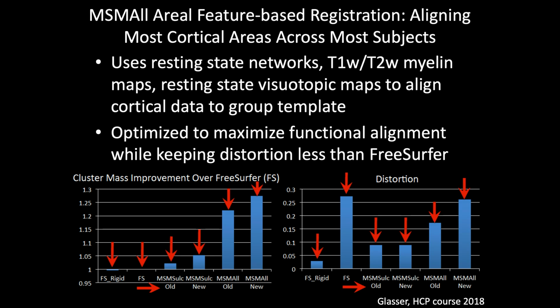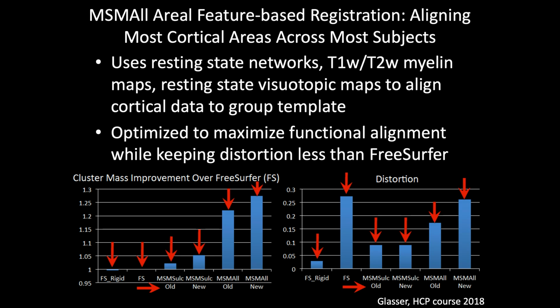It uses the T1 and T2 weighted myelin maps, resting state, task-based, all of this information to align your cortical data to the group template. The argument the HCP crowd is making is that it improves your overall cluster identification, the cluster mass, as well as being beneficial for distortion.